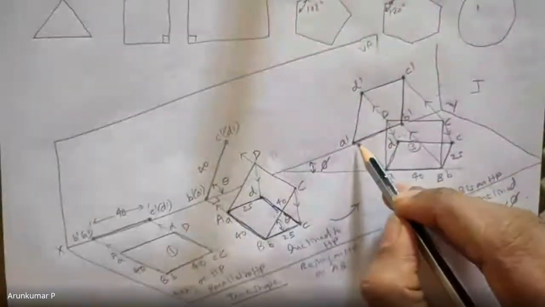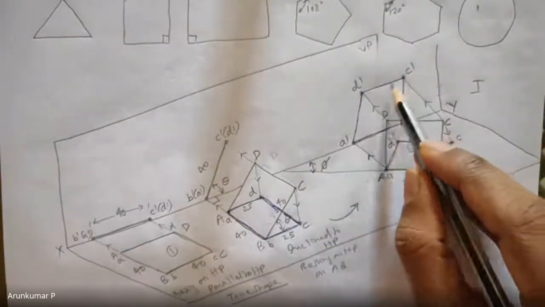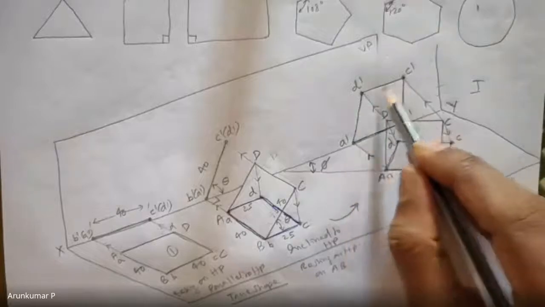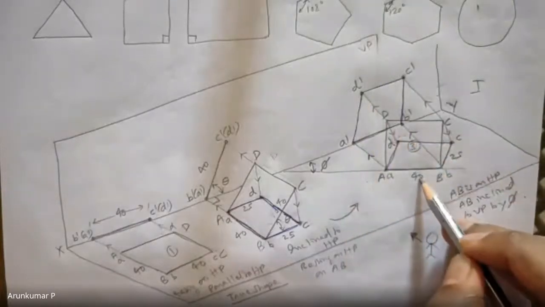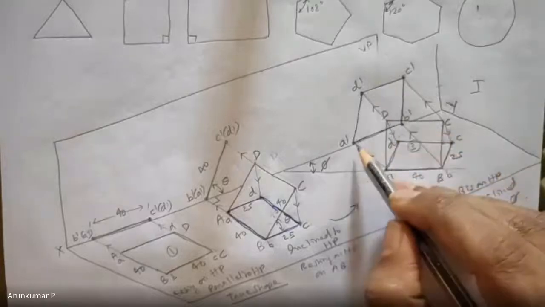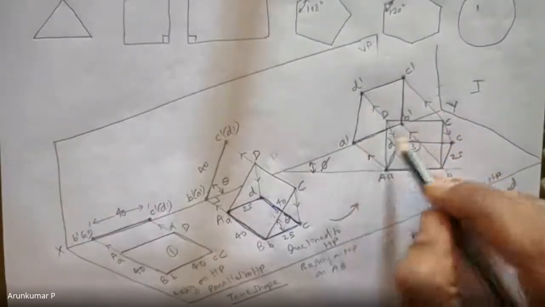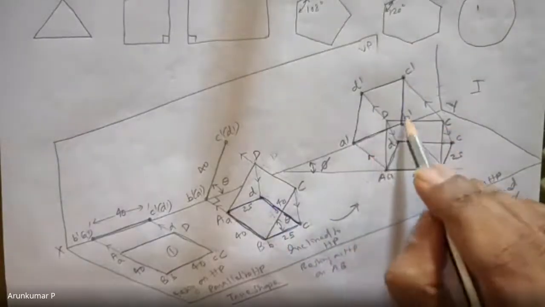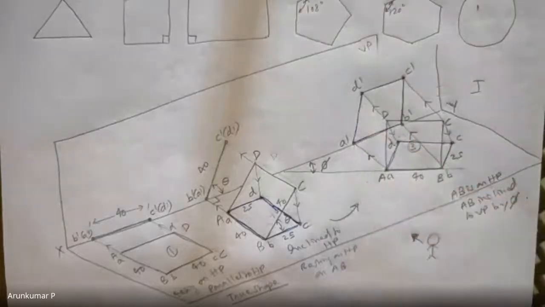If so, that means A dash B dash, B dash C dash, C dash D dash, and D dash A dash, all these 4 should be 40 mm. Now, can you tell me what is the length of any of these 4 edges? Is any one of them equal to 40 mm?